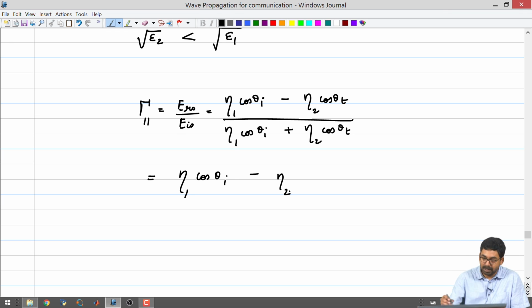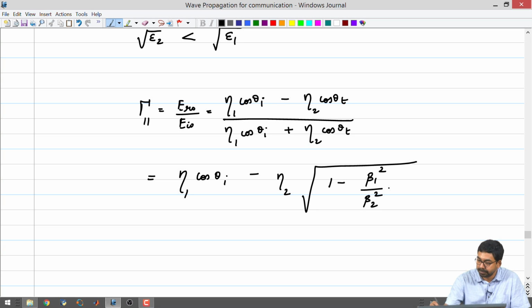You can always write down the angle here to look like 1 minus, okay. So, what I am trying to do is I am going to try to replace theta t in terms of theta I, okay, and I am just using Snell's law to do that.